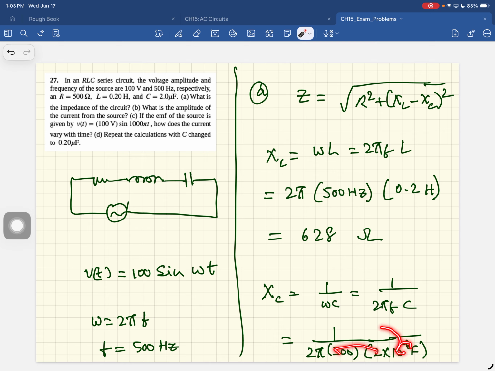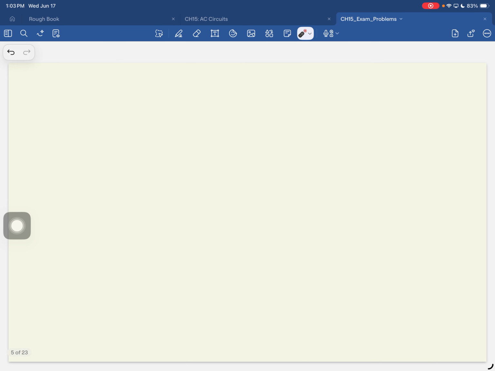And you know phi is tan inverse of (XL minus XC) over R. XL minus XC is that. And you can see that this is slightly less than 1, so that's slightly less than 45 degrees.